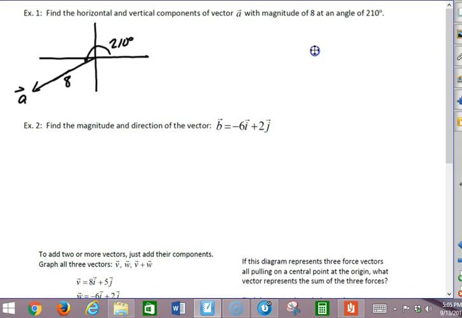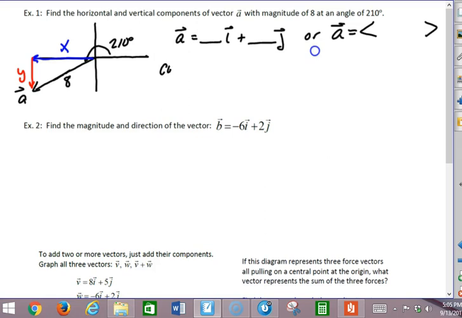I want to know its components, its horizontal component and its vertical component. This would be y, and this would be x, and my goal is to write vector A like this: A is equal to something i plus something j, or vector A is equal to, and I have my two components like this, but I need to know what those two numbers are.